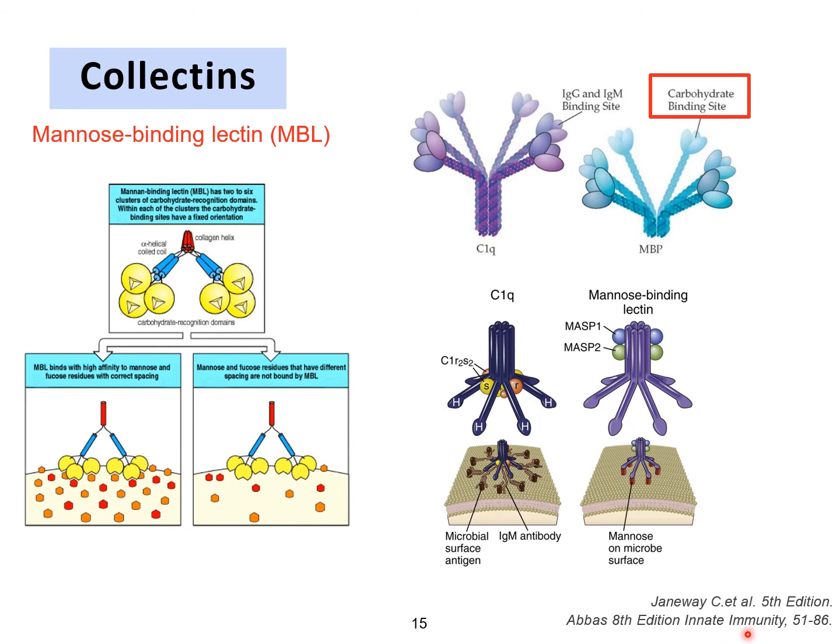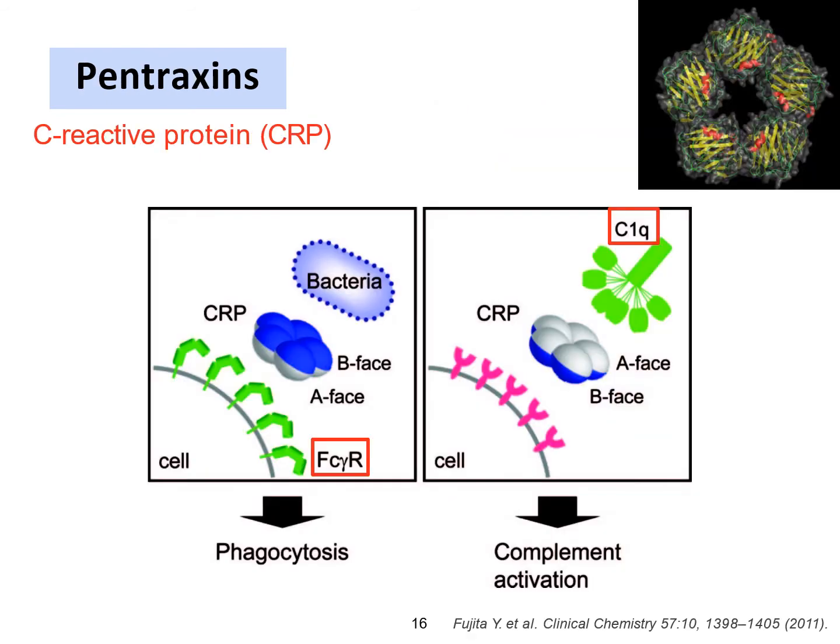I have searched many books, because these are present in your competencies, PAMP, DAMP, and pattern recognition receptors. I have taken notes from all the different textbooks and made a presentation. If you have any doubt, you can search on the internet Janeway's Immunobiology or the names of these books, and you can find these pictures.